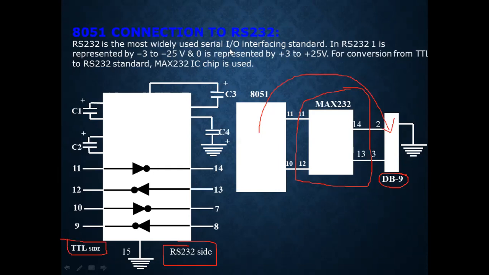Because for logic 0 and 1, the microcontroller can understand only 0 volt and 5 volt, in between these two. So it cannot understand -25, -3, +25 and so on. So this MAX 232 chip converts the RS-232 standard to the TTL standard that is required by the 8051 microcontroller. That is the use of the MAX 232 chip.